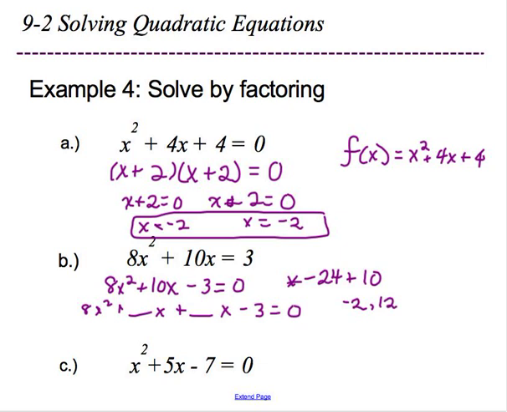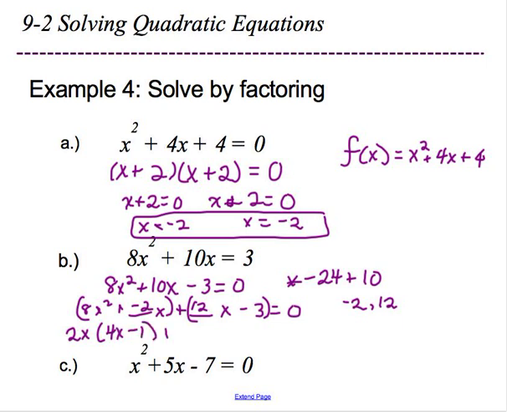So I'll put my negative 2 here and my 12 here. And we factor by grouping. So we can factor out a 2x, and we're left with 4x minus 1.